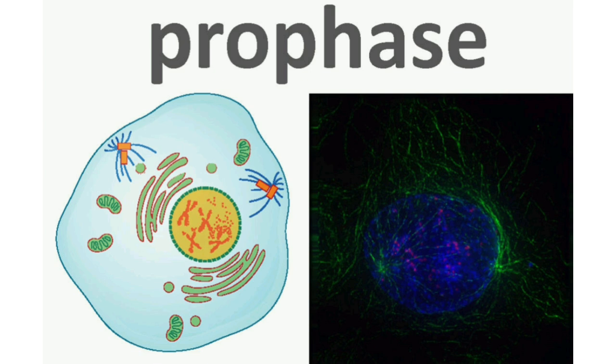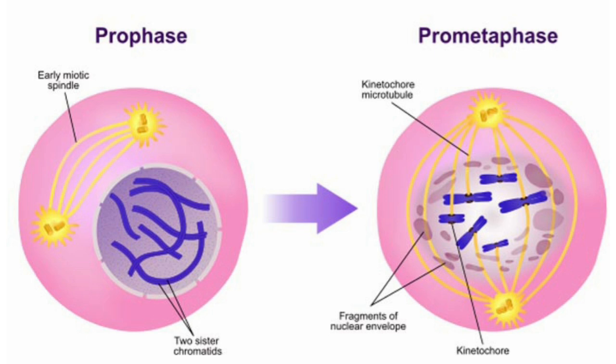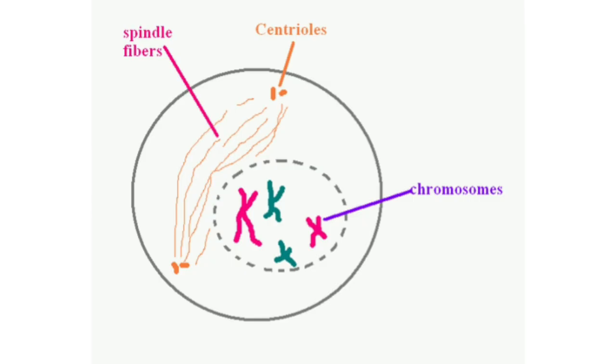The centrosome splits into centrioles and occupies opposite poles of the cell. Each centriole is surrounded by aster rays. Spindle fibers appear between the two centrioles. The nuclear membrane and nucleolus disappear gradually.